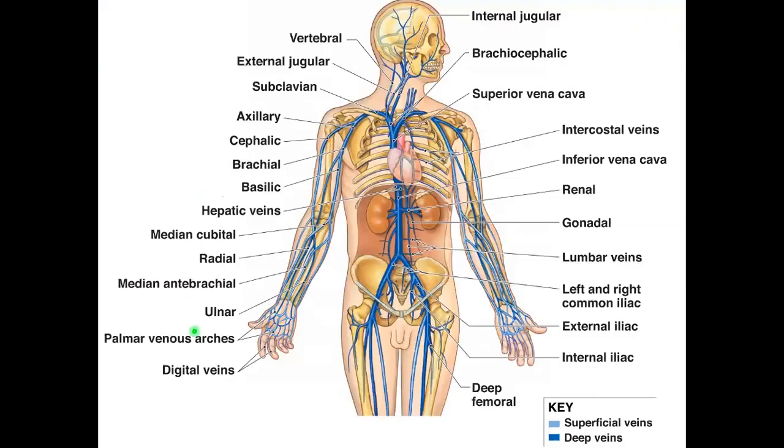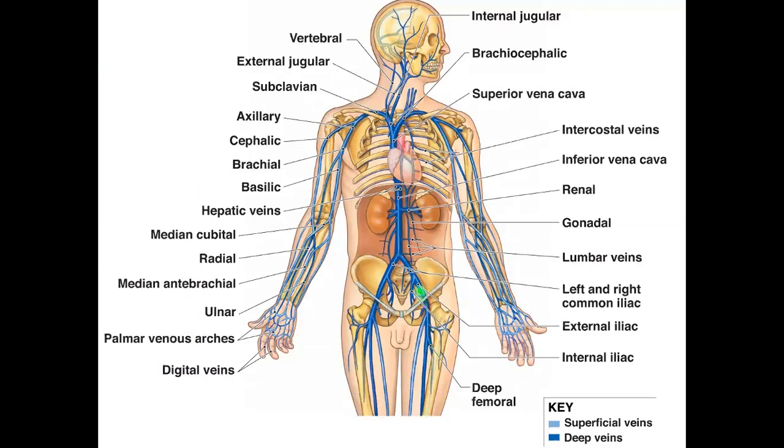Take a look at your veins. So notice how you see ulnar, radial, brachial, right? Cephalic, axillary, subclavian, brachiocephalic, jugulars, vertebral. They're going to drain into your superior vena cava and then go into your heart. We have your deep femoral, right?